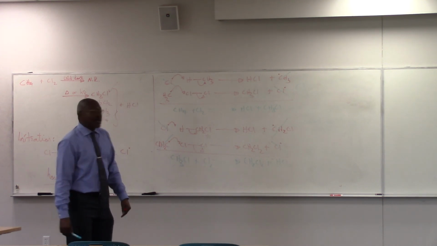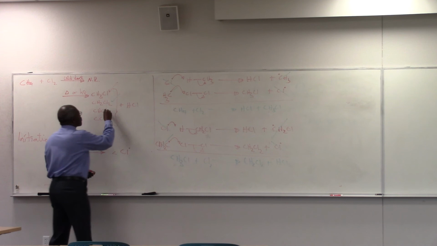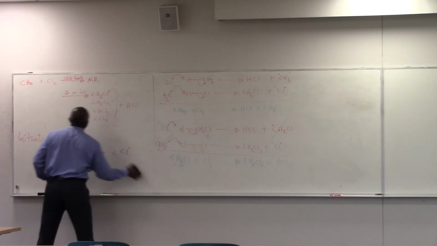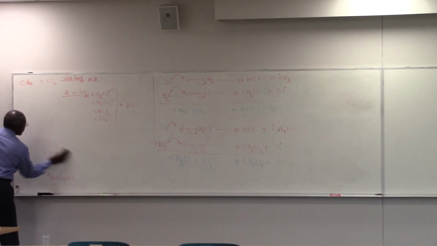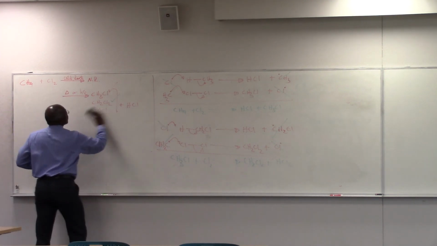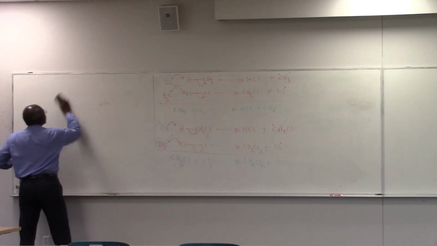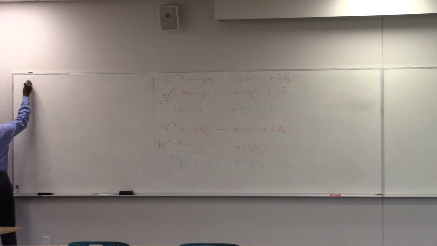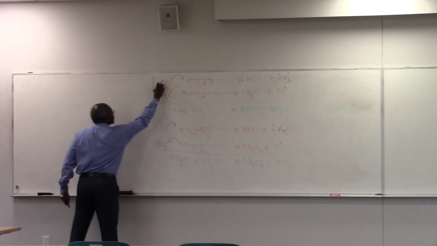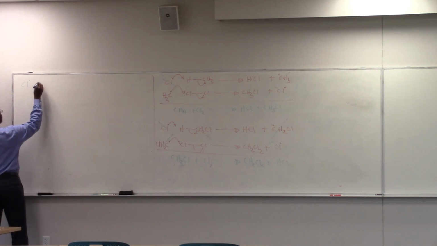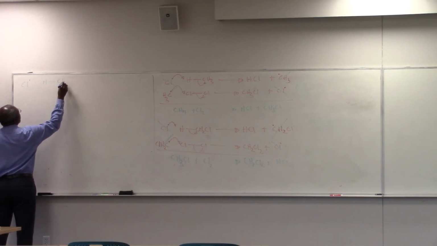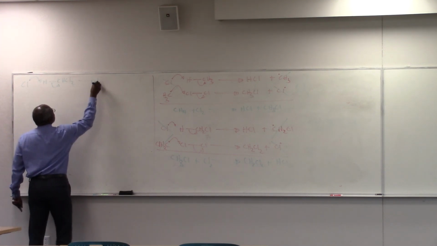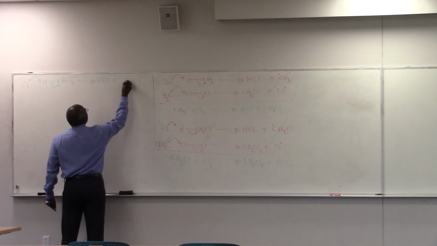What happens next? How does trichloromethane show up? Well, not surprisingly, what happens next is a repeat of what we've seen before. Right? So the Cl dot attacks the organic. I make HCl and I make the organic radical.